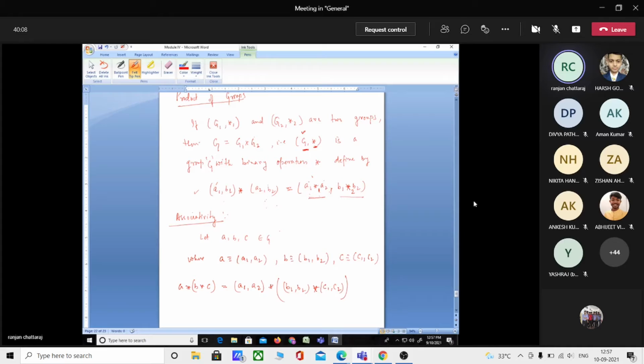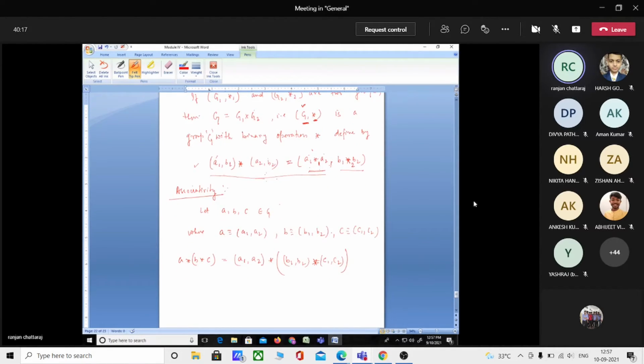Now, since the binary operation is defined like this, this can be written as follows. Keep it as usual: A1, A2, B1, B2, C1, C2. If G1 star 1 is a group, we may write it with B1 and C1, and these B1 and C1 are elements of G1.